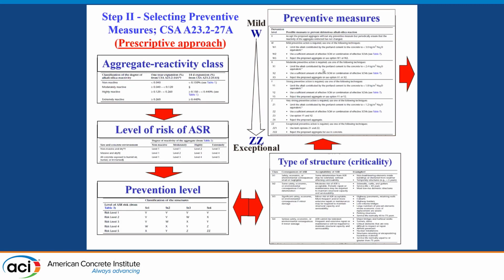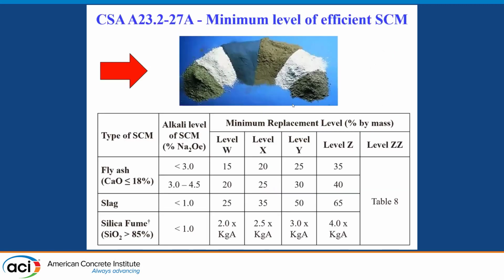And those prevention levels, which vary from mild to exceptional, will result in recommendations regarding the limitation of alkalis in the concrete, and also recommendations on the amount of supplementary cementing materials to be used.